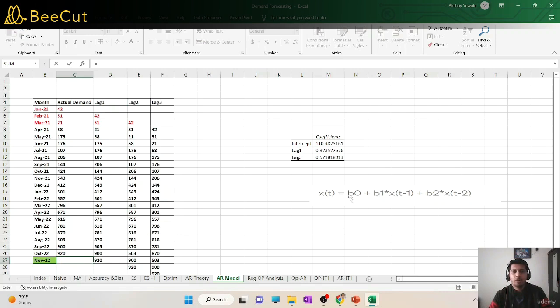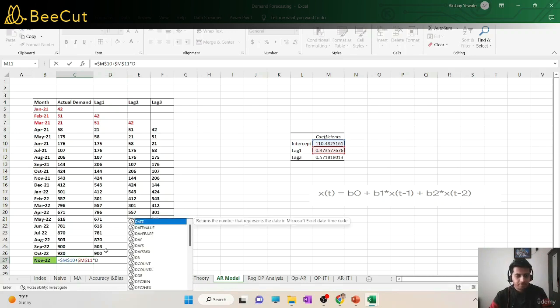But yeah, now what would be the prediction value? It would be the b naught. b naught is nothing but the intercept, so this one, plus the coefficient of lag 1 into, let us take the coefficient, D27.